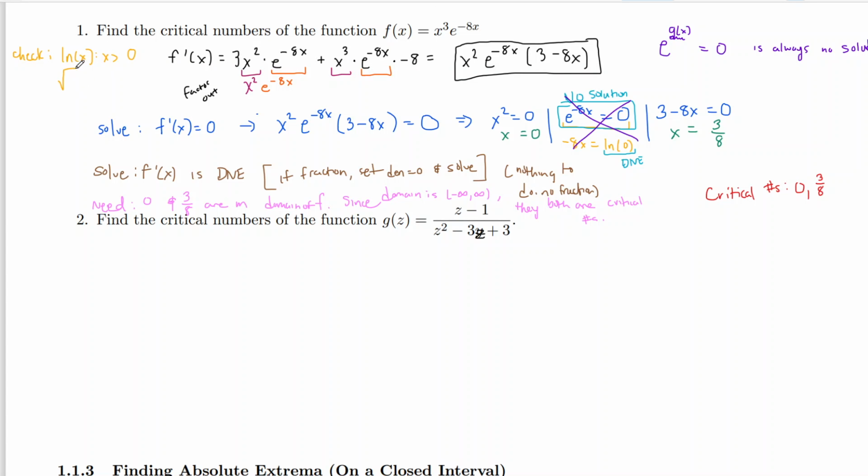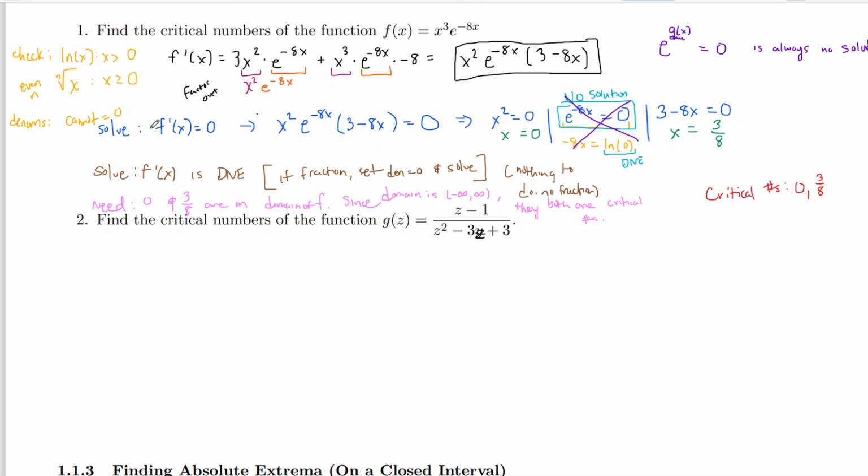If you have an even root radical, so the even root n of x has to be greater than or equal to 0. No even root radicals. And then the last thing is denominators. And we know in general denominators cannot equal 0, but we have no denominators either in our original function.